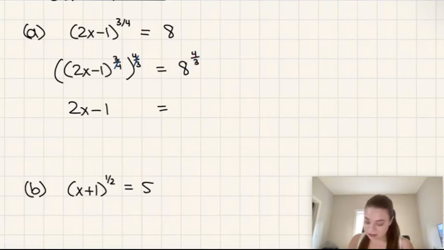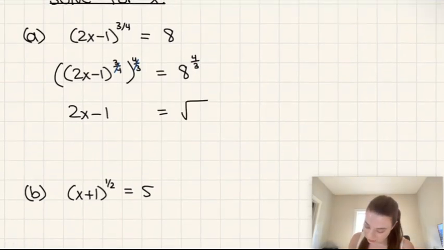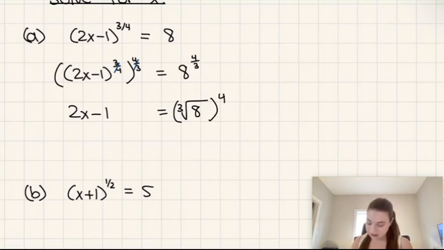So in other words, we can rewrite 8 to the power of 4 over 3 as the cube root of 8, because that's the denominator, so that would be our root, and then to the power of 4. To simplify that even further, we know that the cube root of 8 is 2. So therefore, we would have 2 to the power 4, and 2 to the power 4 is 16.